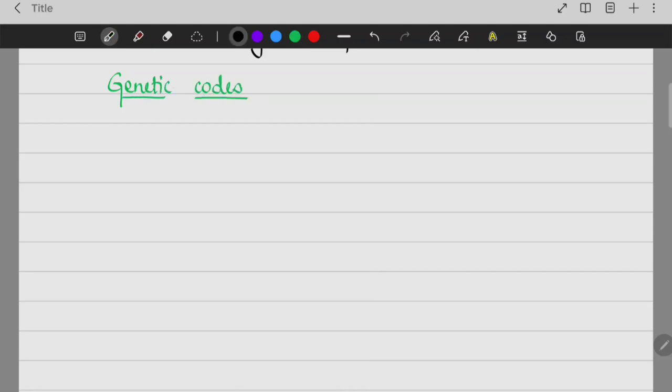So what are genetic codes? Genetic code is the set of 3-letter combinations of nucleotides, that is called a codon, which corresponds to a specific amino acid or stop signal. Like if I give you an example of AUG, okay, this is for methionine, or UCC, this is for serine. But there are some stop codons like UAG or UAA or UGA.